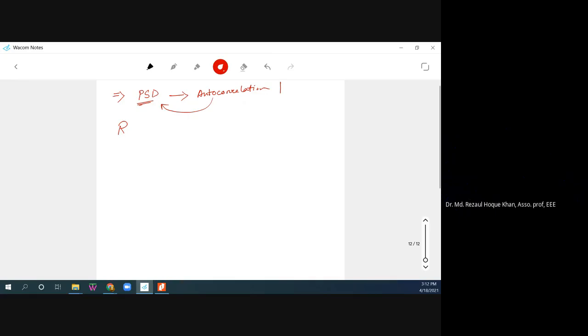If you do correlation with yourself, X with X, that's autocorrelation, with the expression in tau. So how do we write it?